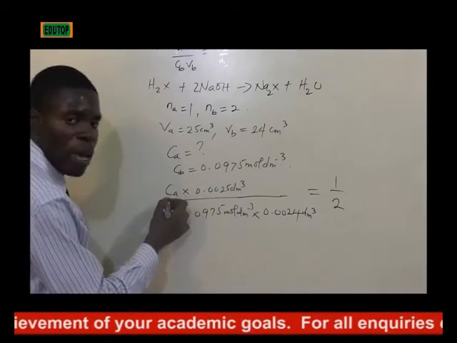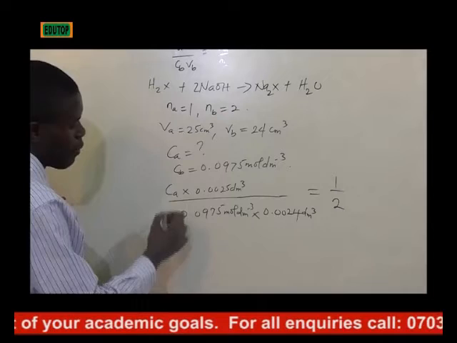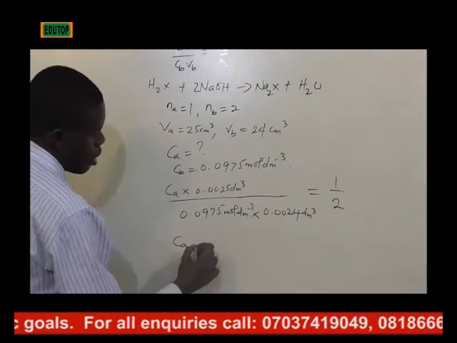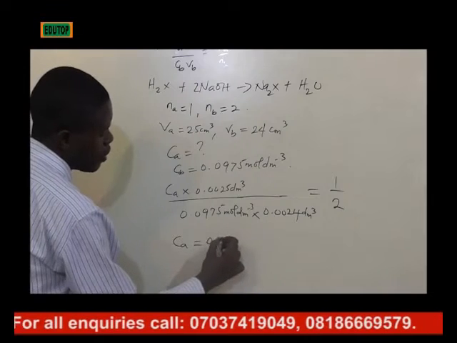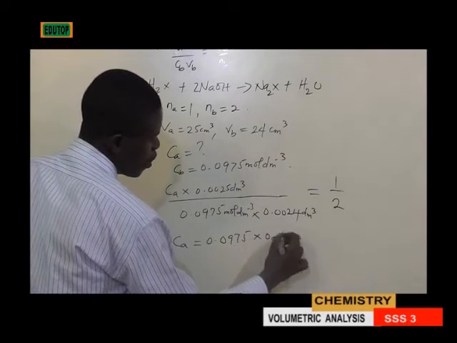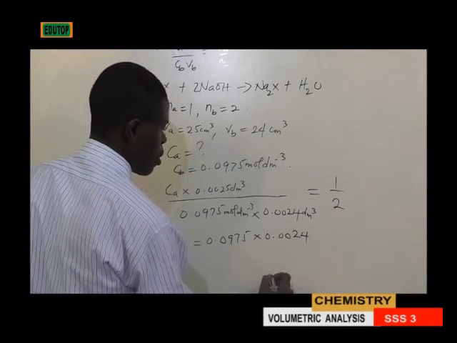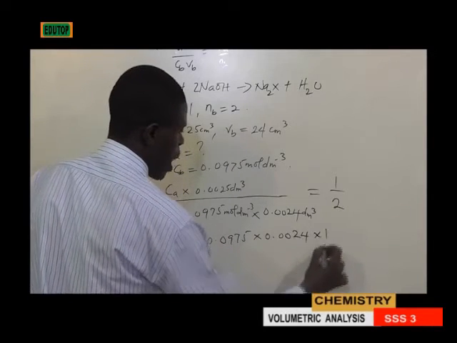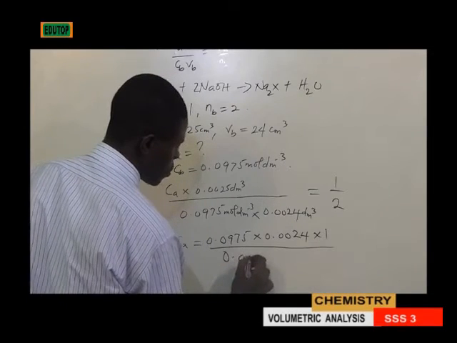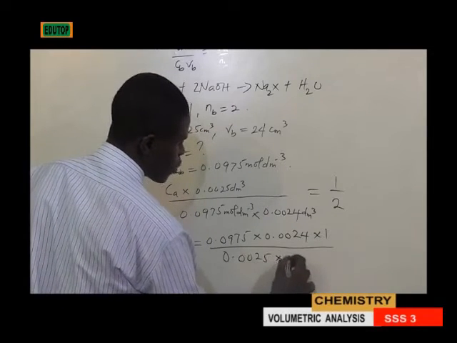Our interest is to make Ca the subject of the formula, and if we do that, Ca equals 0.0975 times 0.0024 times 1 divided by 0.0025 times 2.